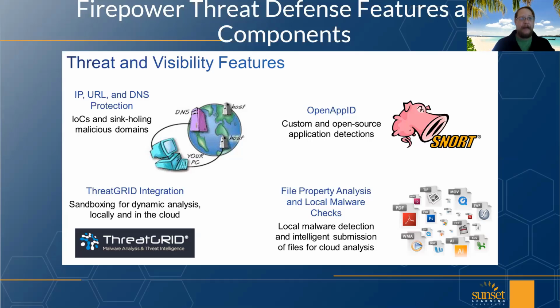We actually maintain a database of IP, URL, and DNS lists that have been found to be malicious, right? So for instance, we look at the certificate revocation list with certificates, and we look at DNS blacklists and URL blacklists.